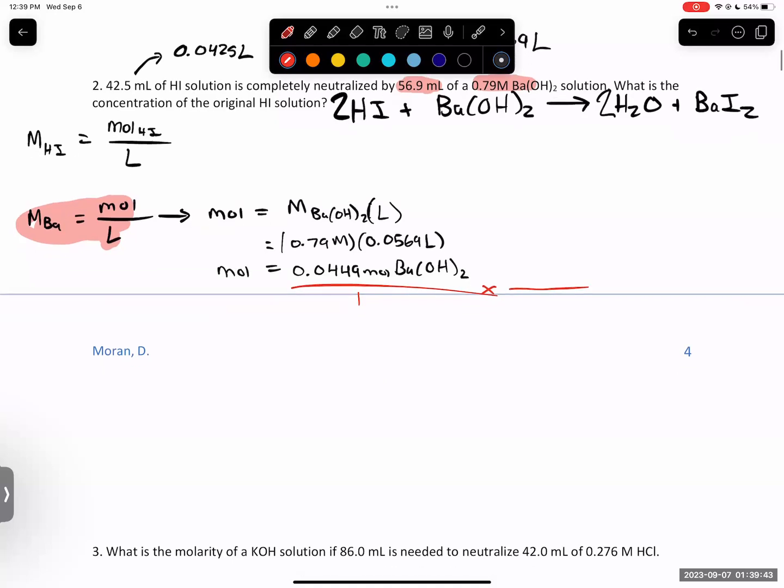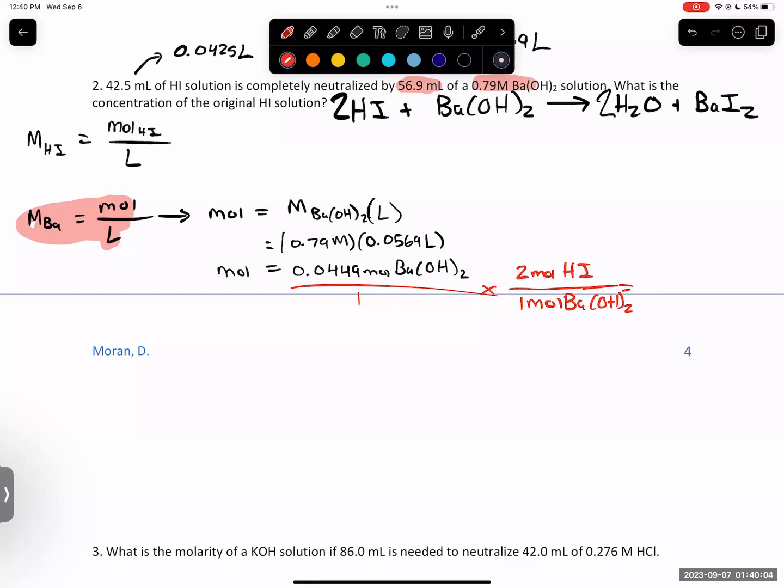It's 2 to 1. Yeah, so for every 2 moles of HI, 1 mole of barium hydroxide reacts. Okay. So this is to get us from moles of barium hydroxide to moles of HI.